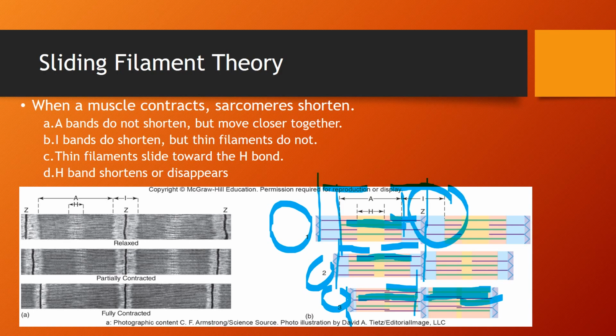So here now our I bands, you see, are becoming a lot shorter. Then the H bands shorten during contraction as well. So here in this yellow, you see that is getting smaller and smaller too, as the actin on the sides of the sarcomere is pulled towards the middle, towards that M line.